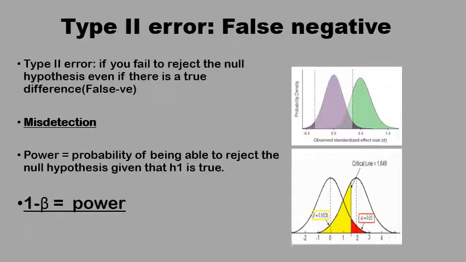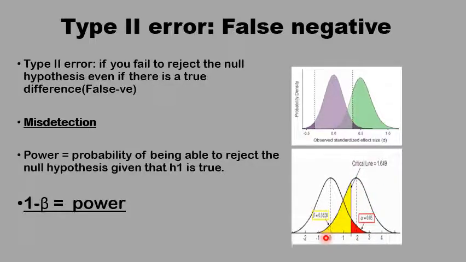Now to the other side of the story, the type 2 error. We know that the red triangle is the type 1 error because it lies on this side of the probability level that we have set at 0.05.